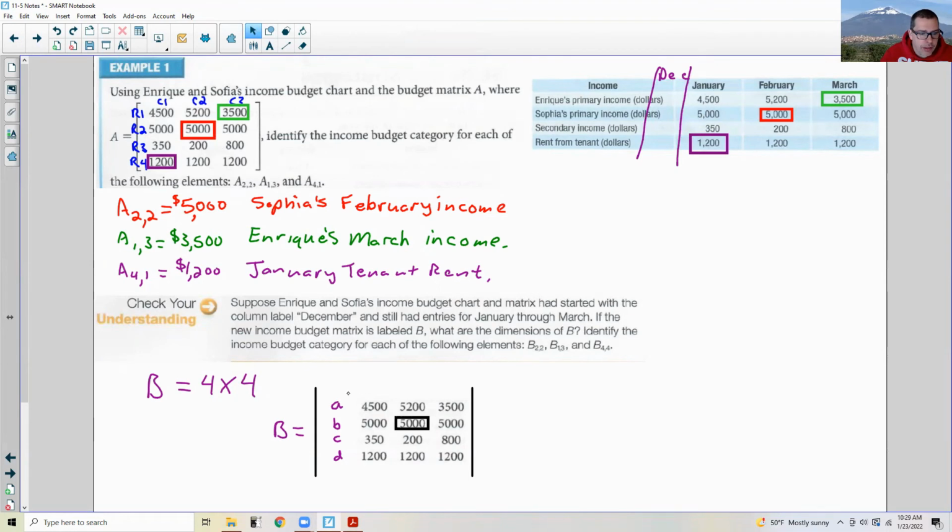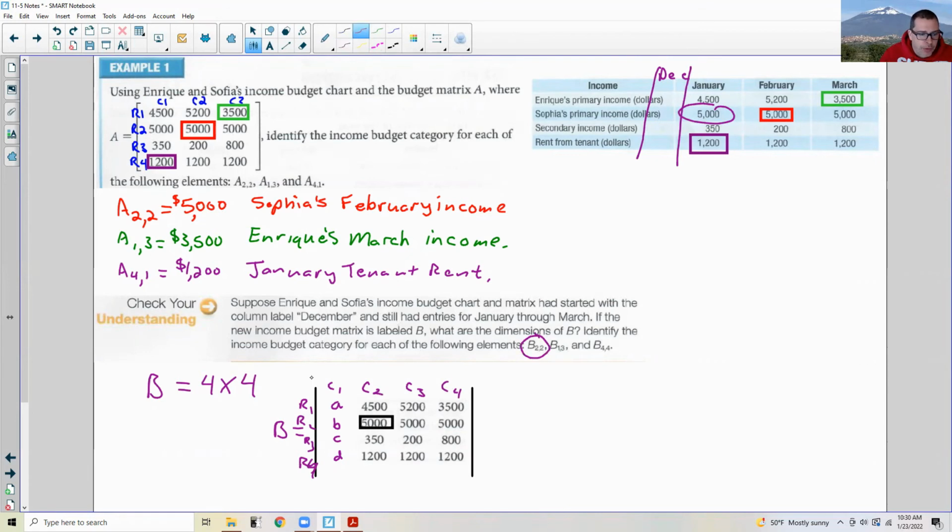Yeah, I did. This is not here, it's right here. This is column 1, so let's label that: column 1, column 2, column 3, column 4, row 1, row 2, row 3, row 4. So B2,2 is row 2, column 2, $5,000, which would be this one right here. So it's Sophia's primary income January.